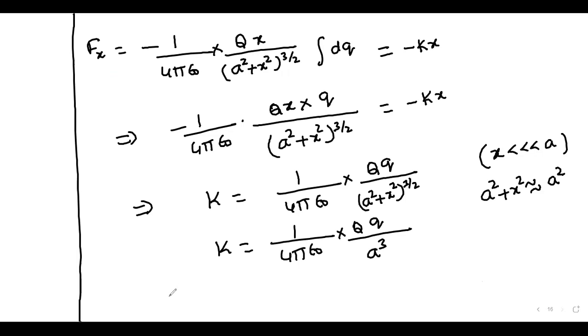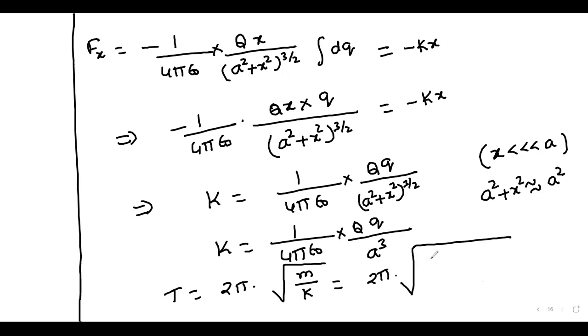Since the time period of oscillation is equal to 2 pi times under root m by k, upon substitution we will get 2 pi times under root 4 pi epsilon naught a cube multiplied by m by capital Q small q.